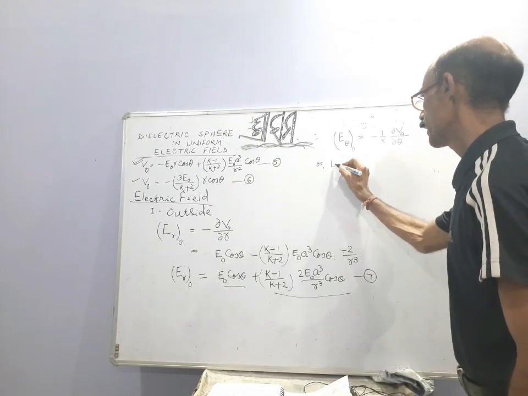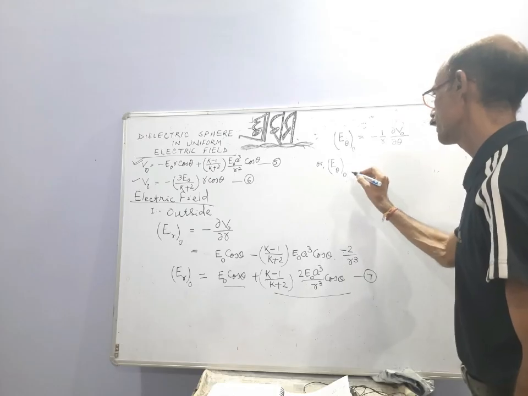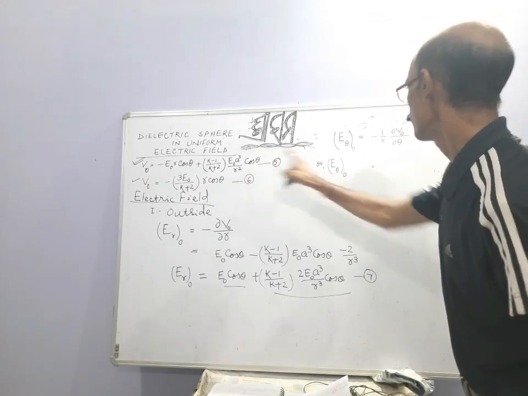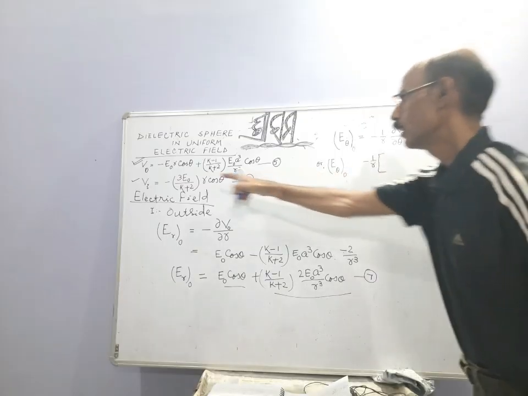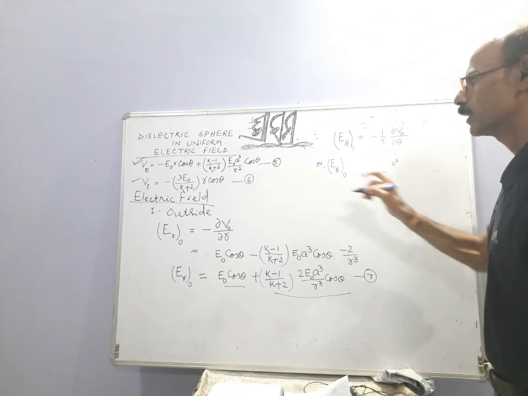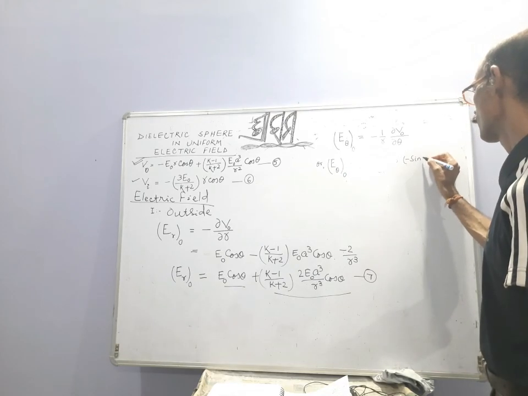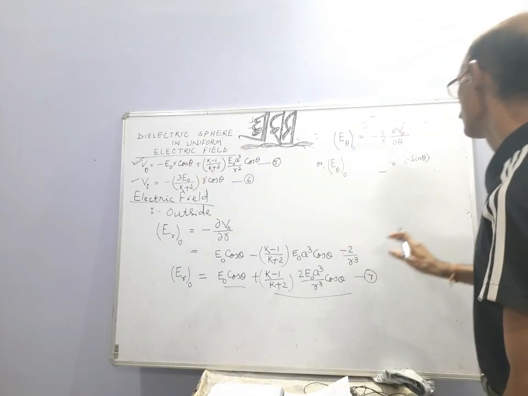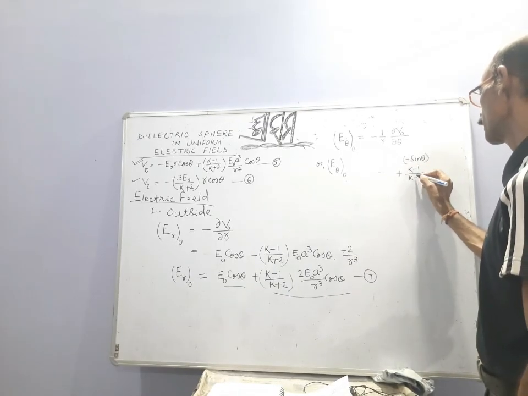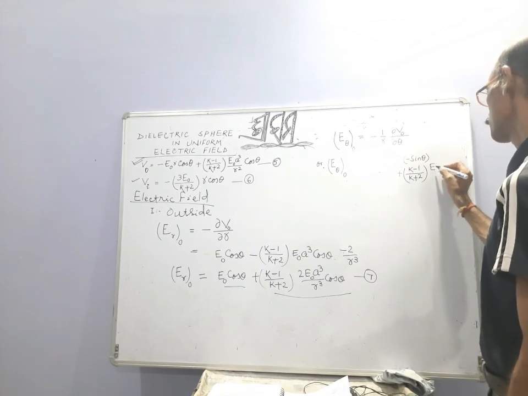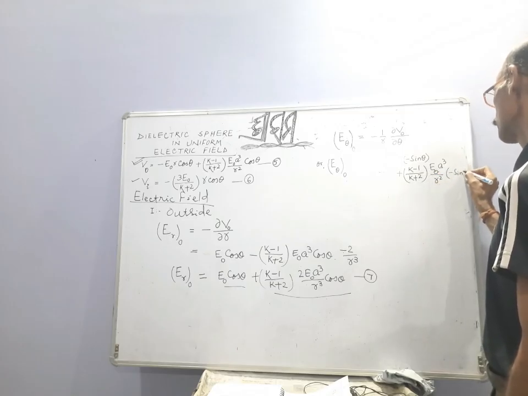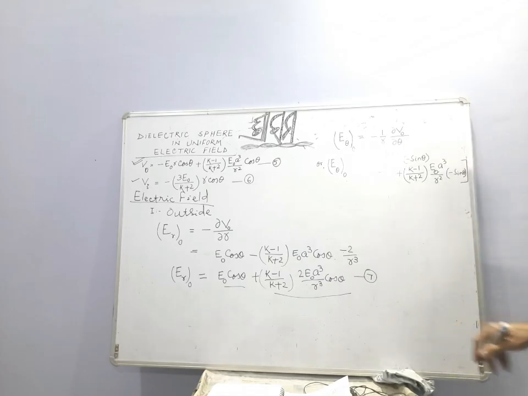Or we can write E theta outside is equal to minus 1 by r times its derivative with respect to theta. So there is minus E0 r cos theta, whose derivative is minus sin theta. So the derivative of the first term is done. Then the second term plus (k minus 1) by (k plus 2) E0 a cube by r square, and plus the derivative of cos theta, which is minus sin theta.